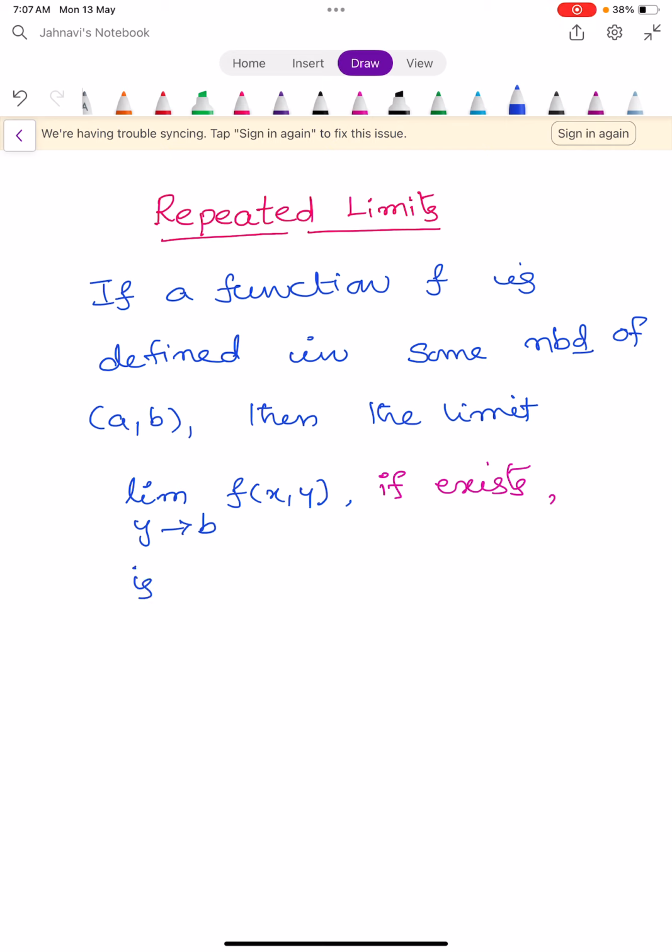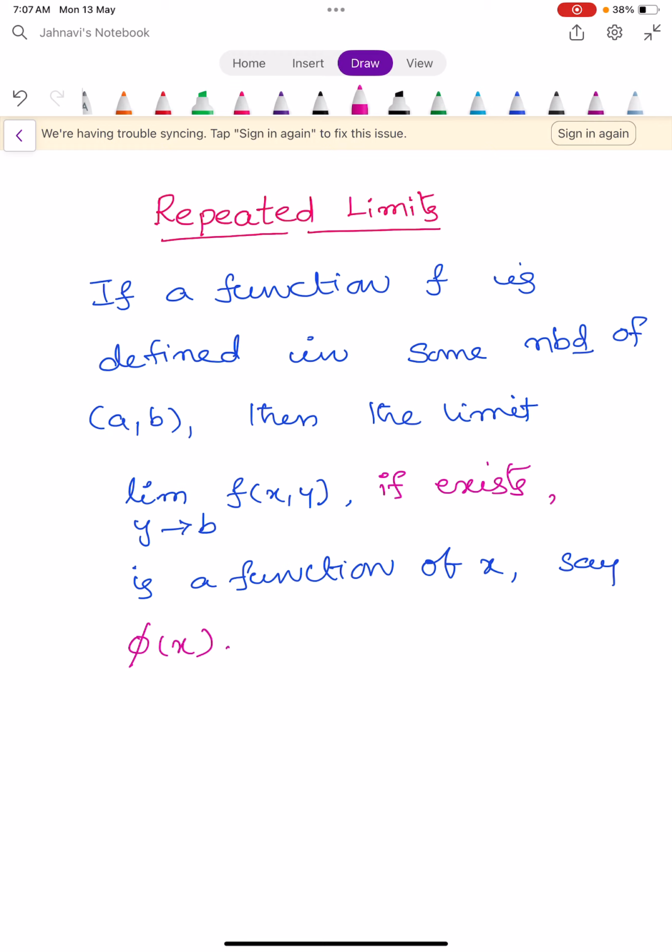We are applying the limit y tends to b, and if it exists, it is a function of x, say pi of x.